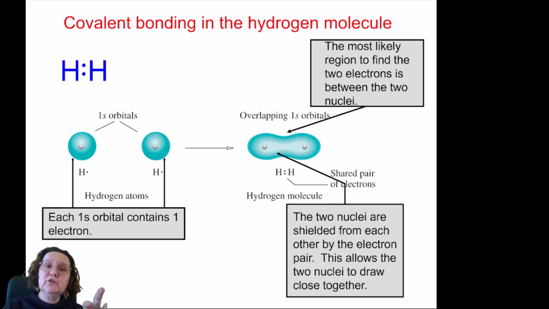Before, each electron belongs specifically to one of the hydrogens. When the atoms of hydrogen are close enough together that those orbitals can interact, then you have a different electronic density. And this shared pair of electrons will spend most of the time in the middle of the two atoms, attracted by the two nuclei of the two hydrogens.